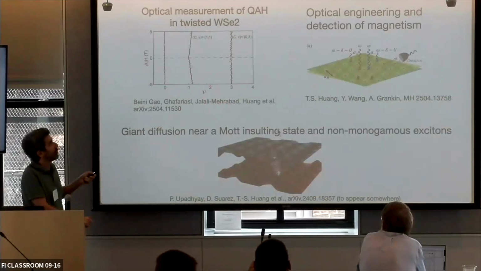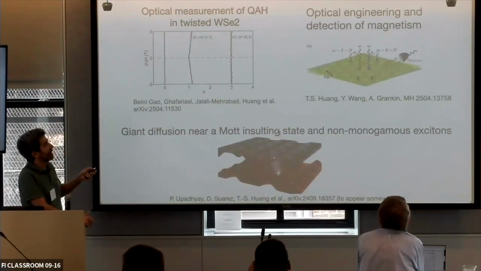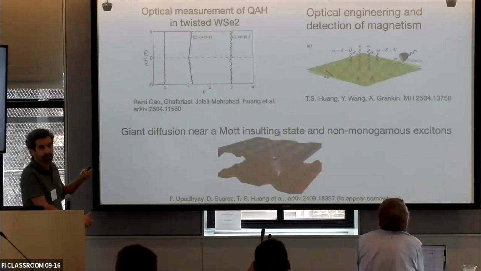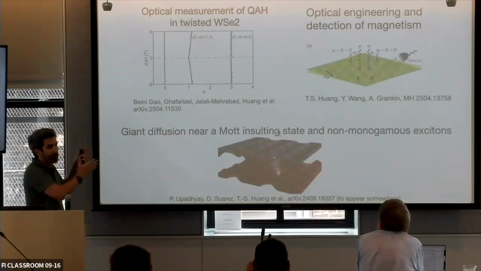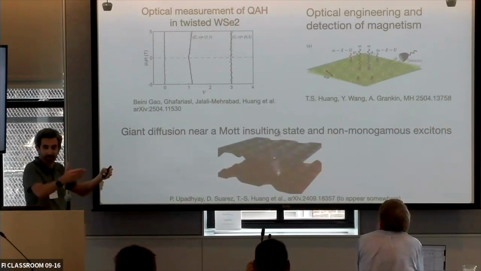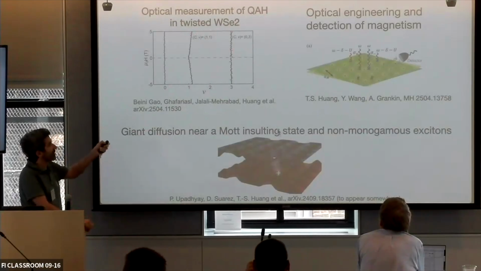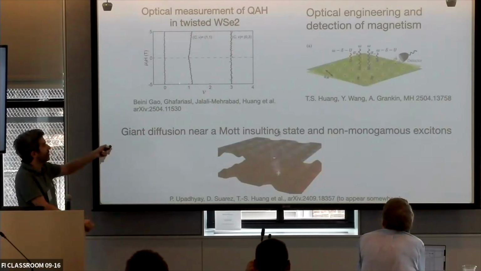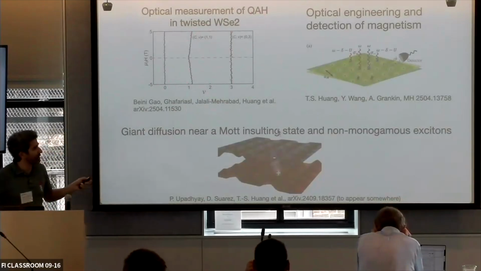It was reported that this material could have a quantum anomalous Hall state using an STM measurement, but there was no measurement of the magnetization. So here we are doing optical measurements: sigma plus and sigma minus will have different responses to show that there is a magnetization. And then if we follow the rest of the formula, we see that it is a Chern insulator.